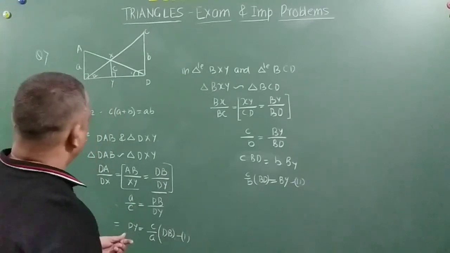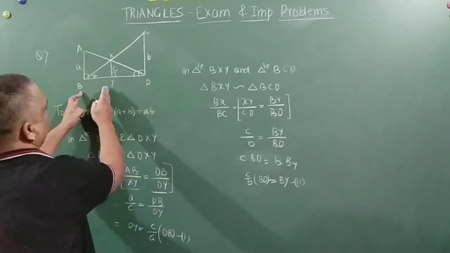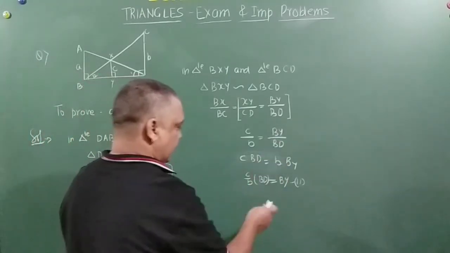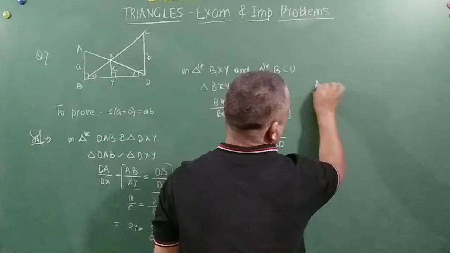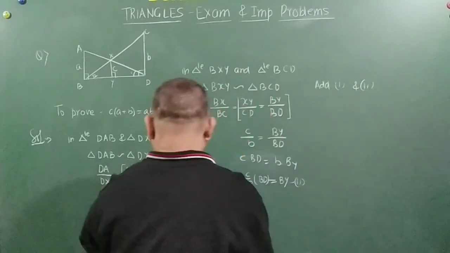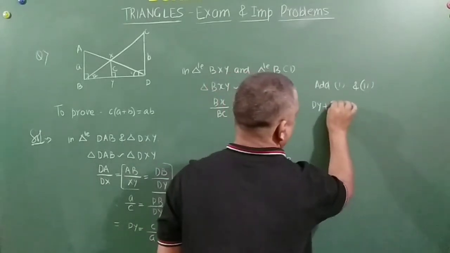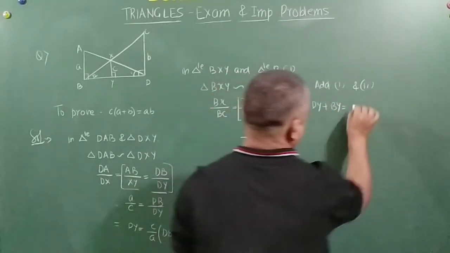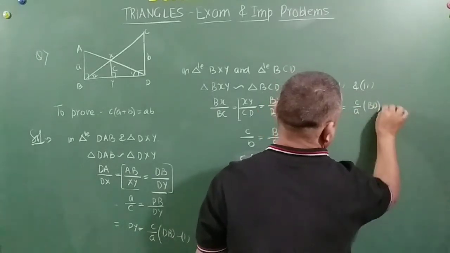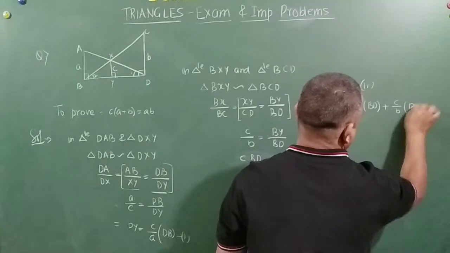Now friends, just see here. So dy and by are known to us. So if we add the two, then we get BD, right? So let's add equation 1 and 2. So it says that dy plus by is equal to C by A into BD plus C by B into BD.